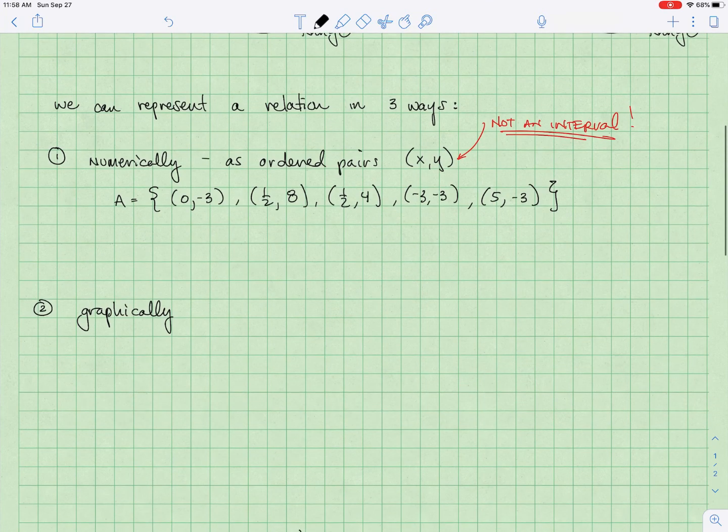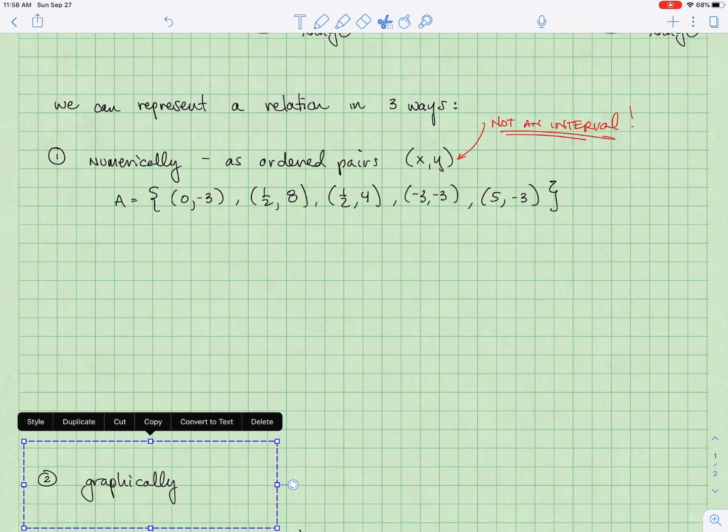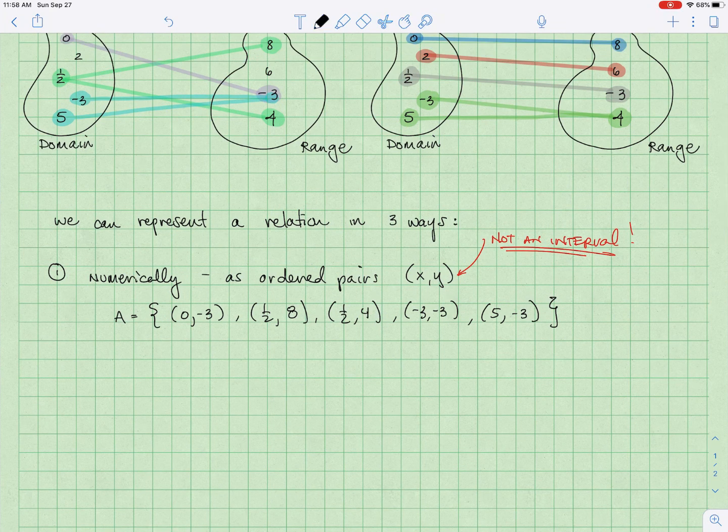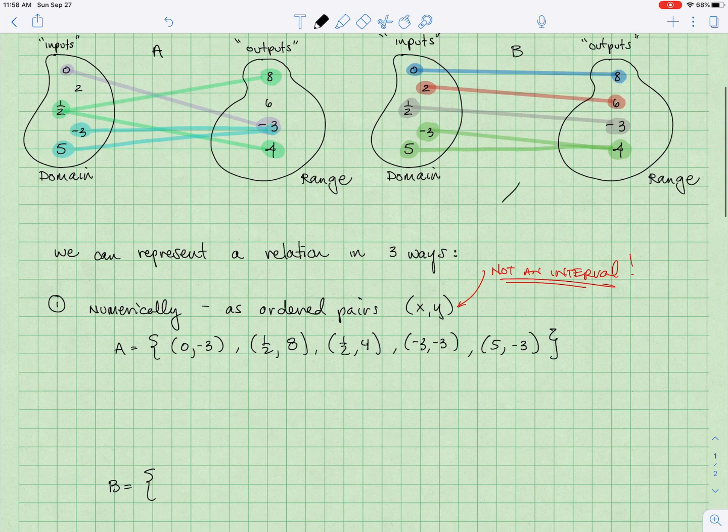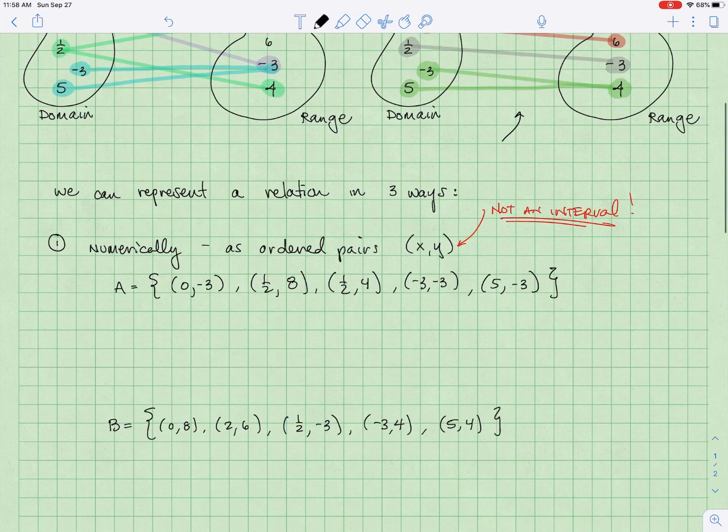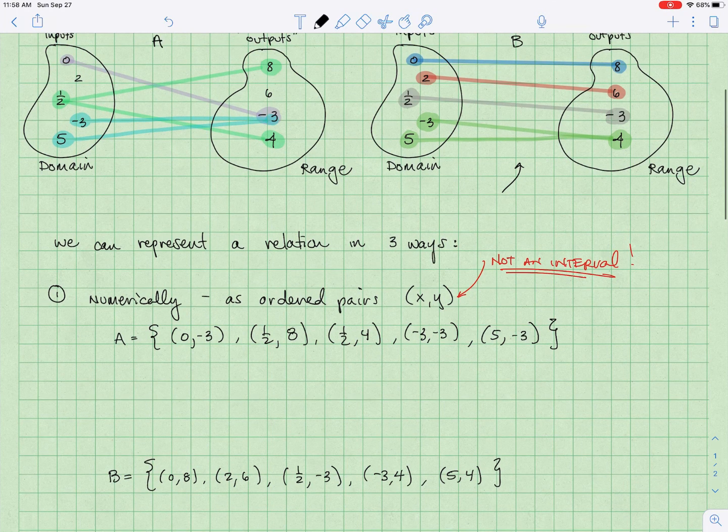I could also talk about relationship B. That's a collection of ordered pairs: 0 versus 8, and 2 versus 6. When the input is 1/2, the output is -3. When the input is -3, the output is 4. And when the input is 5, the output is 4. Those are your basic rules for those two relationships above.